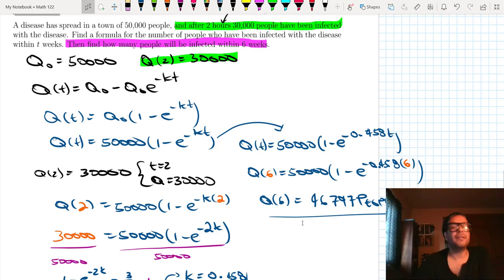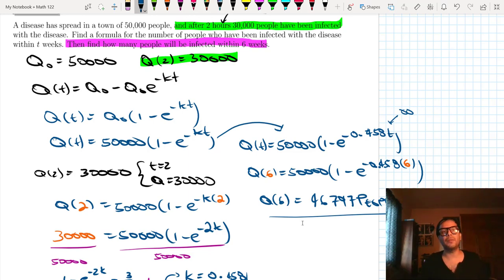How do we know this makes sense? Well, what is the largest number that you can get? For example, if you plug in infinity here, that whole exponential term will go to 0, because e to the negative infinity turns into 0. 1 minus 0 is 1, and then that times 50,000.